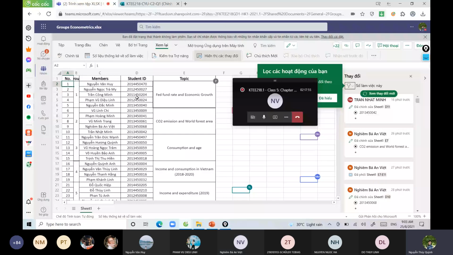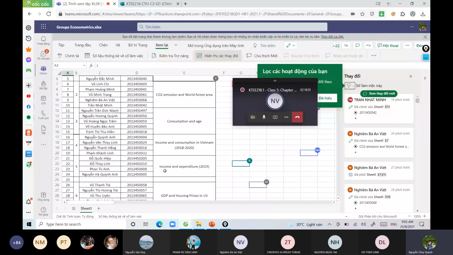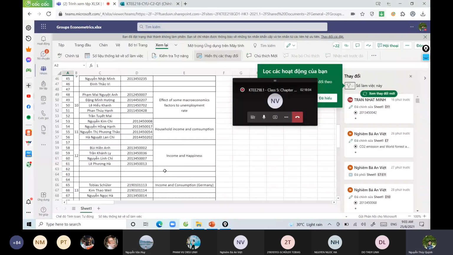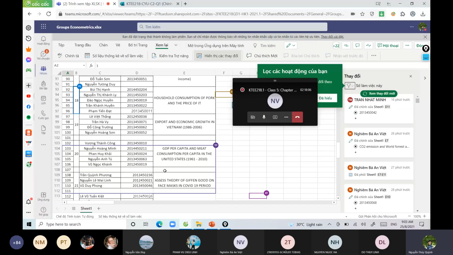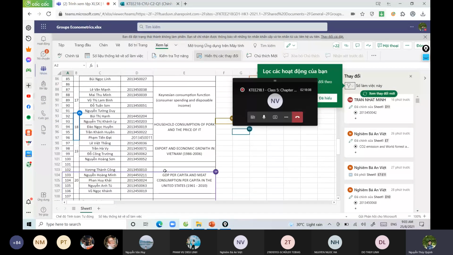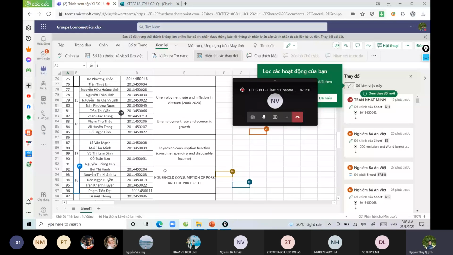We still have some more groups here. So, as I have said, later when we study the multiple regression model, I will ask you to find more independent variables to explain the dependent variable.